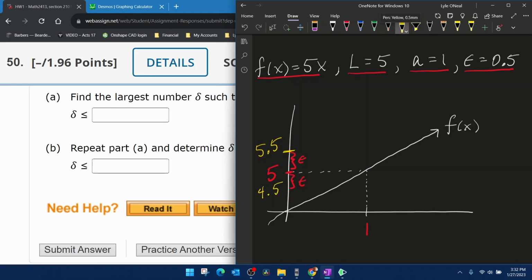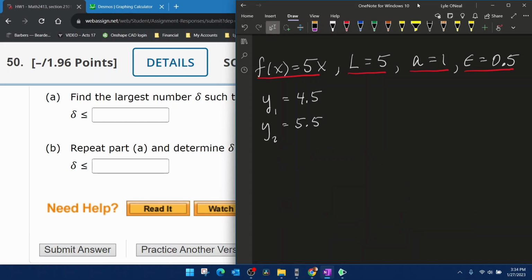Those are the y values that create our epsilon buffer around L. Then if we scroll over and down, this would represent our x1 and our x2, which we can use to calculate these distances that are delta. Remember, these are the amount that you're allowed to deviate from A so that we stay within epsilon of L.